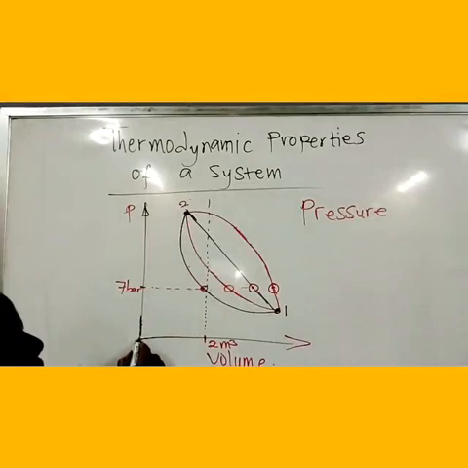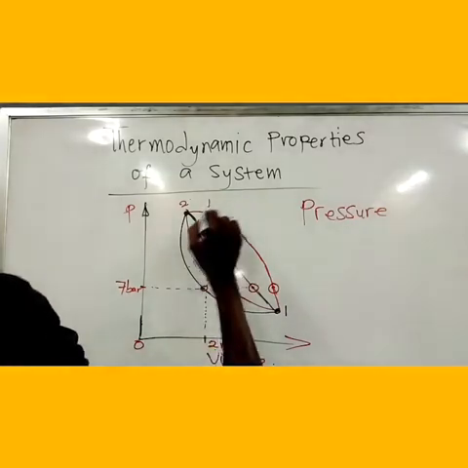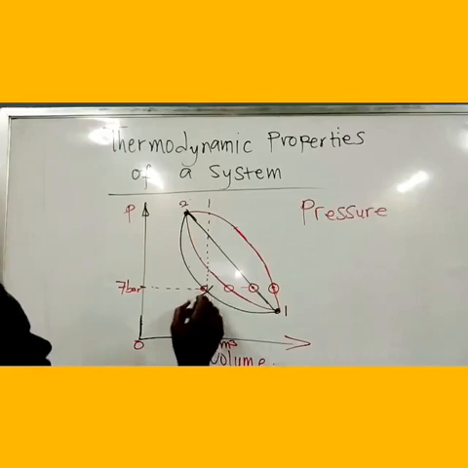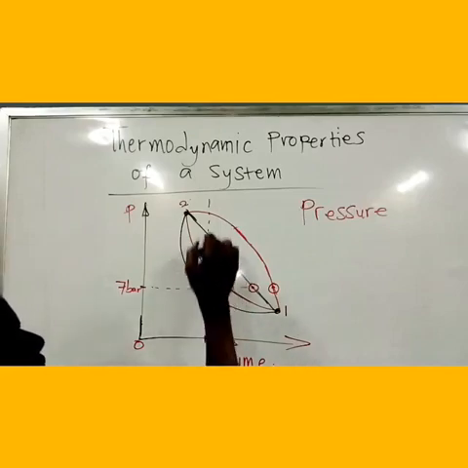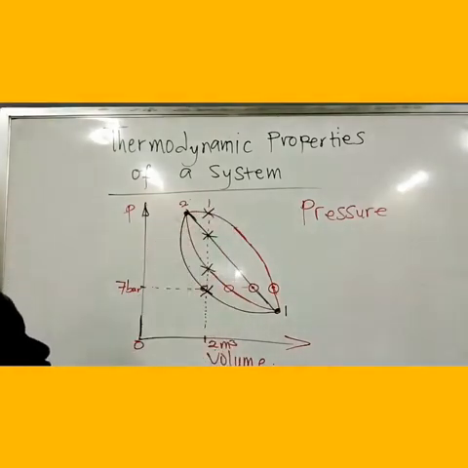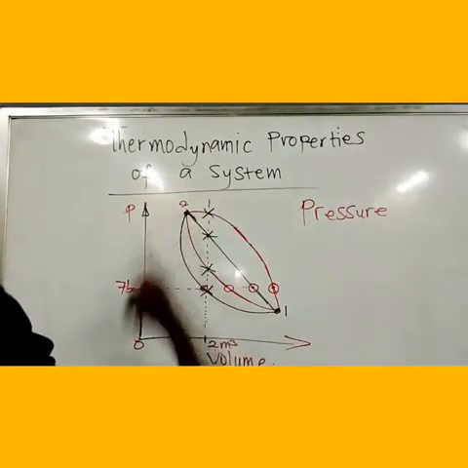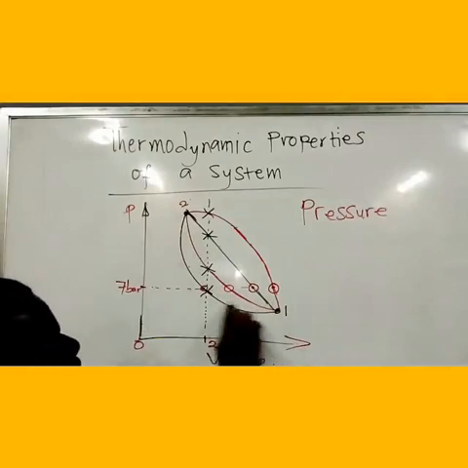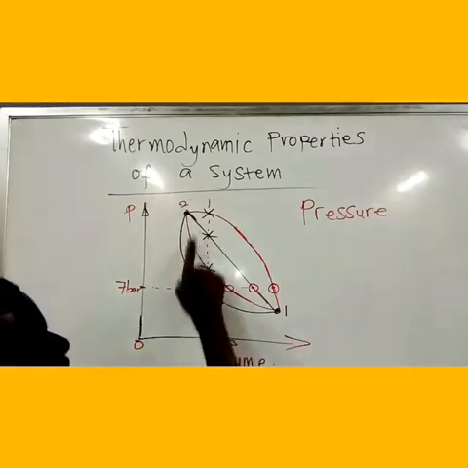If the volume from here to here is 2 meter cube, it means that volume along this line will also be 2 meter cube at all times. So volume at this point will be the same as volume at this point, the same as that. So volume does not depend on the path the fluid passes to reach the final state.